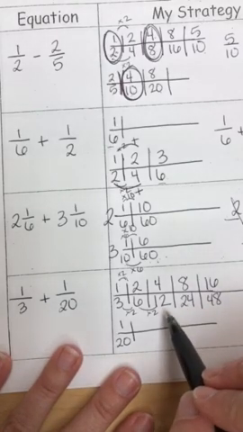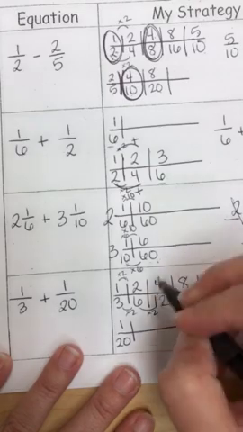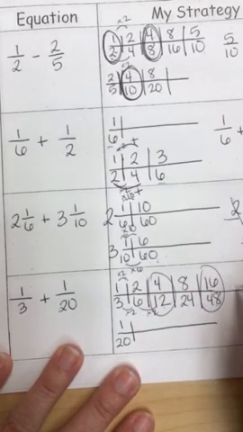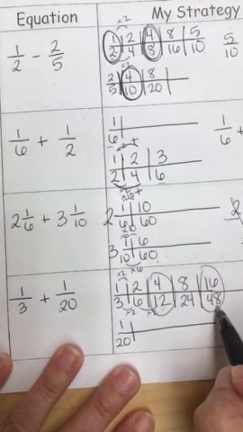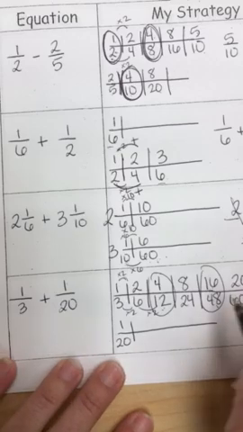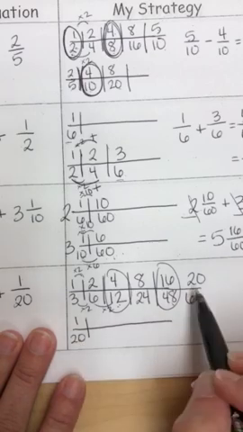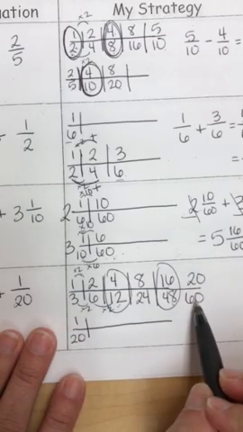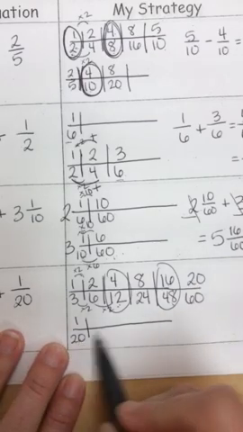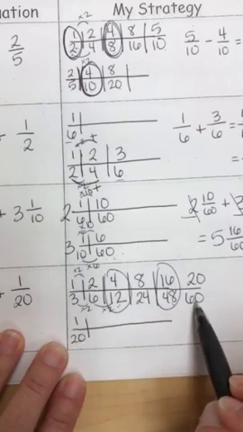So let's see, if I add 12 and 48, I would get what? 12 plus 48 is 60, and 4 and 16 is 20. Ooh, now I have 20 60ths. Well, I have a 20 over here, but it's not in the right spot. The 20 is on the top, so I need to get my 60 on the bottom. So how do I get from 20 to 60?